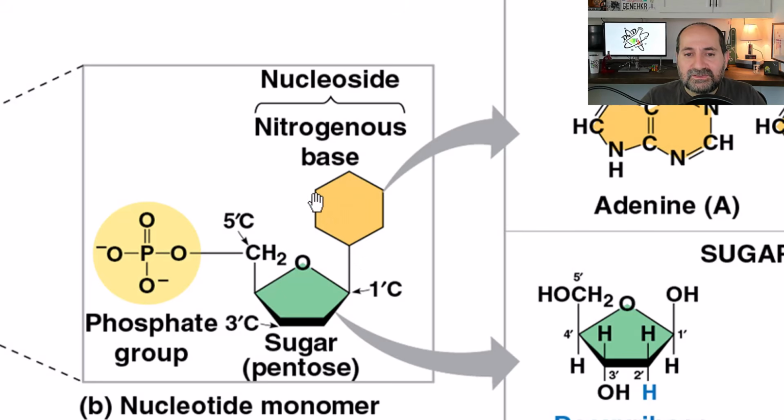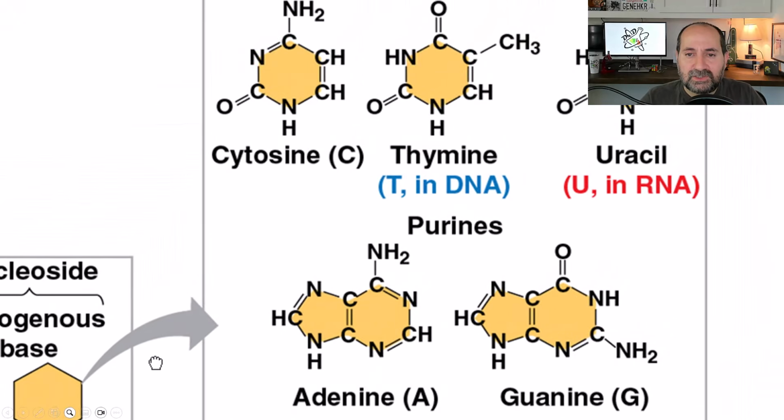So this is the part of DNA that gives you your code, the nitrogenous base, with all the different types of nitrogenous bases. So I want you to pay attention right here. You see what I'm circling right here? I'm going to be talking about all the possible iterations of what you can have right here as a nitrogenous base, right? So just focus right here. These are the possible nitrogenous bases.